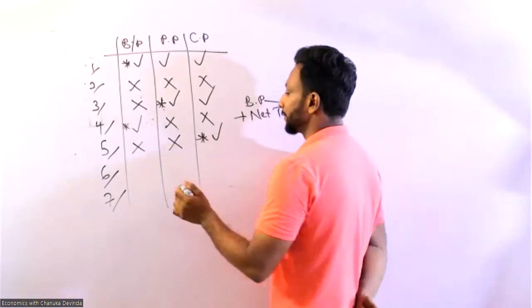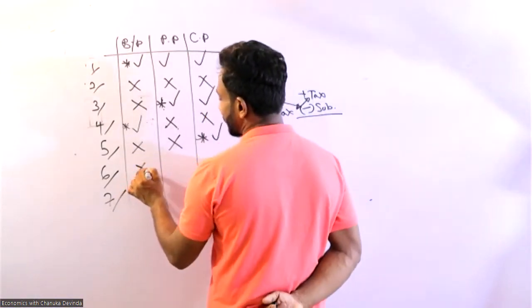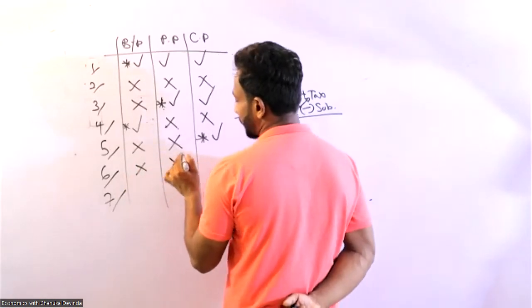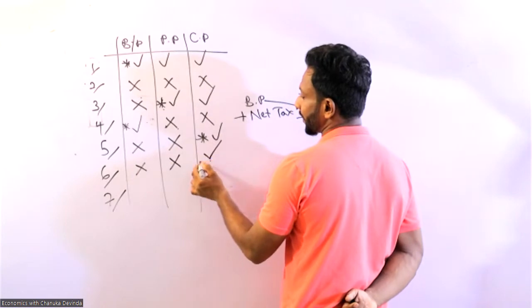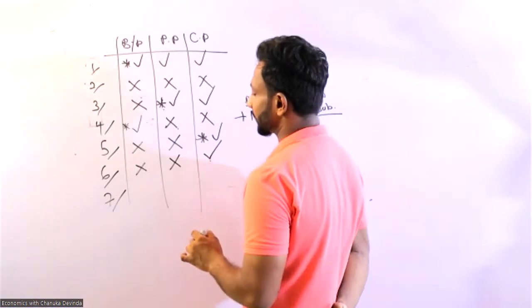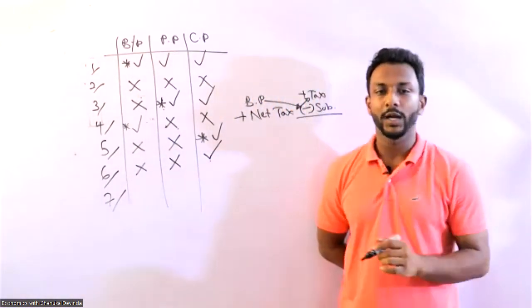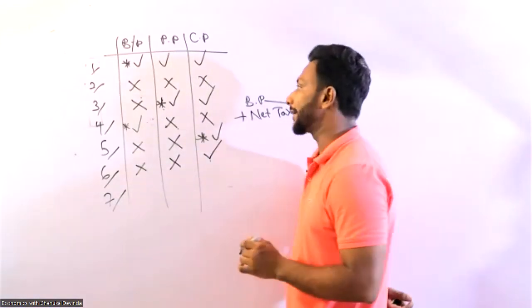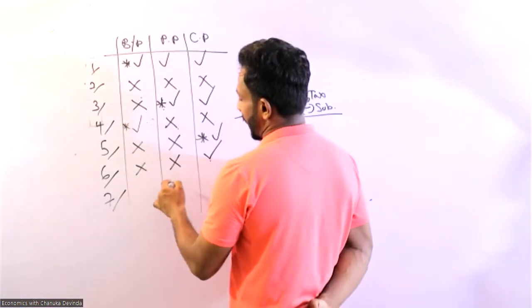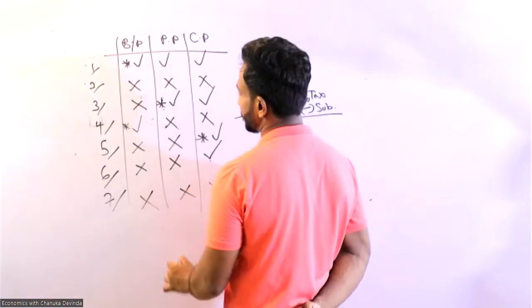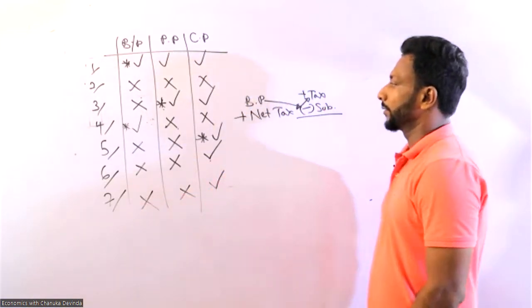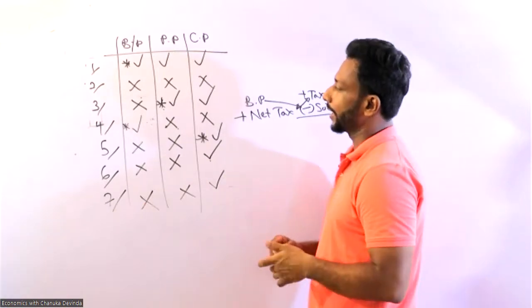The wholesaler's profit margin is not here either. Profit margin is included at the market price or consumer's price. Next one, value-added tax, VAT. VAT is added here. Here it's not. Here it's not. So this is the answer, right?